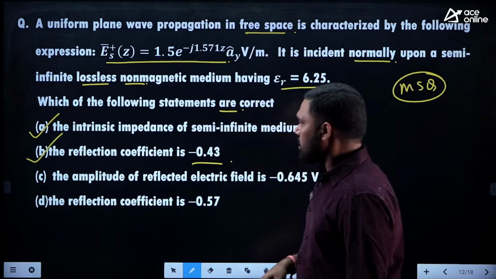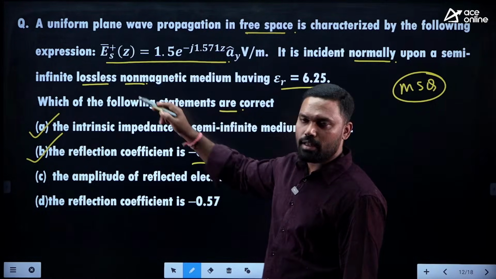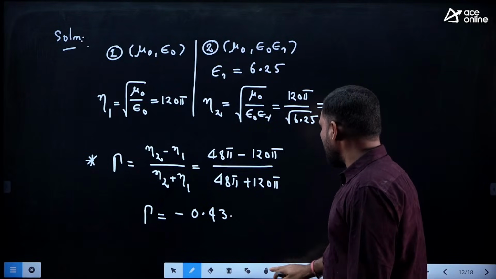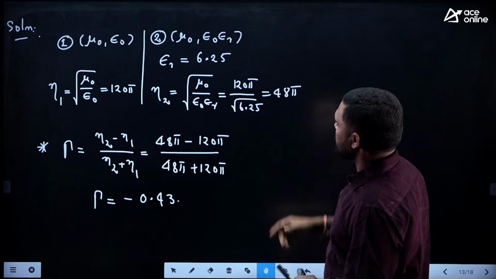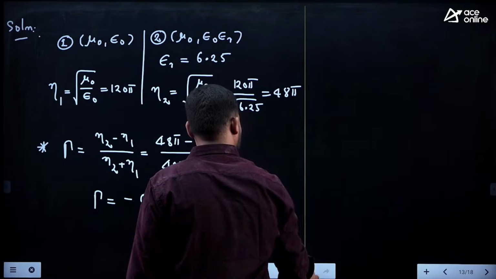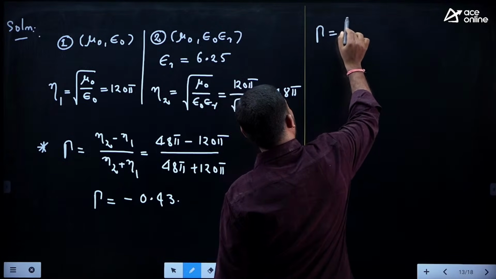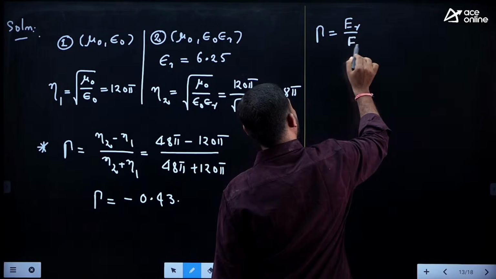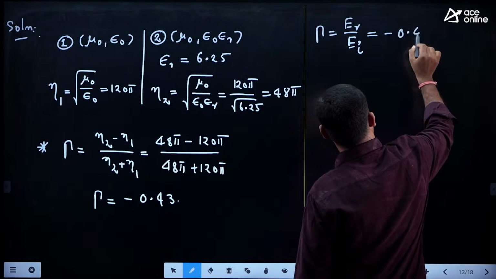Third one: the amplitude of the reflected electric field. The incident is 1.5, and it asks what the reflected is. Let us calculate that also. By definition, gamma is equal to the reflected electric field divided by the incident electric field, which is minus 0.43.